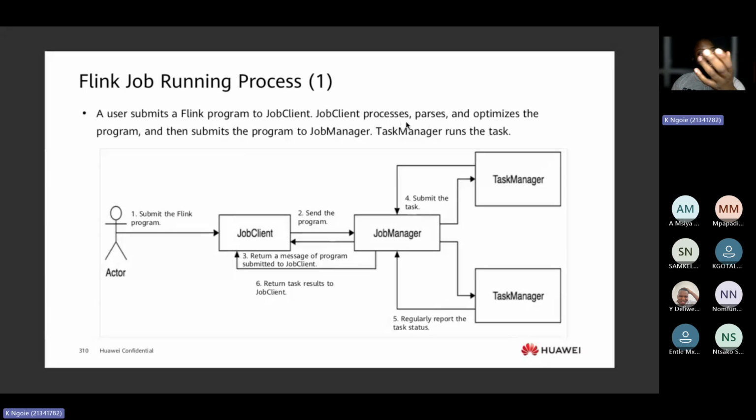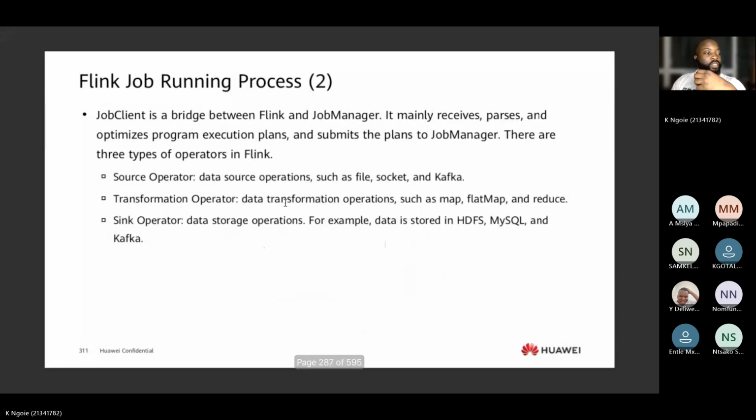The job client will process, test, and optimize the program, then submit the program to the job manager, and then the job manager will submit the task to the task manager, and then from the task manager we will be receiving certain feedback. So based on what we were trying to do, it's going to come back to the job manager, go back to the job client, and that's how the process works.